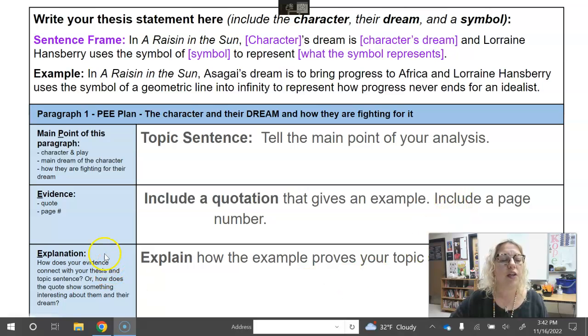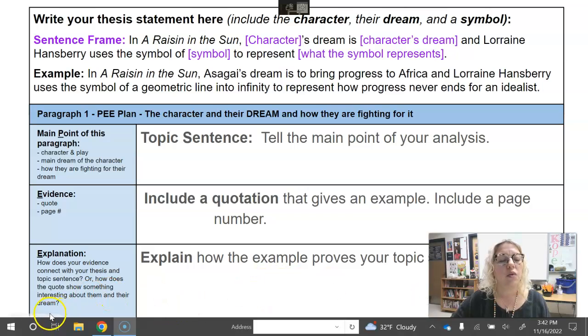And then the third thing that you need for each graphic organizer for each paragraph is an explanation. How does your evidence connect with your thesis and your topic sentence? Or how does the quote show something interesting about them and their dream?